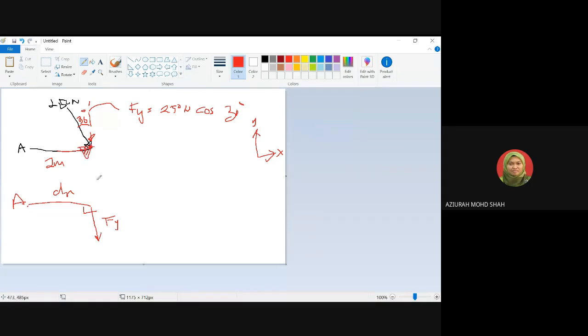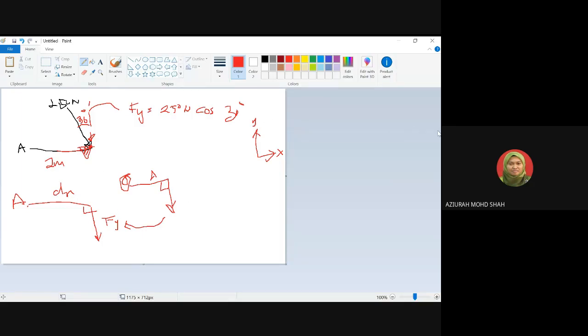Fx. Okay. Now the question is, does Fx cause moment? Tak kan? Cuba you bayangkan kalau you ada satu part, kalau dia L shape, means ada D, ada F, so it tend to rotate dalam case ini clockwise lah. It tend to rotate clockwise.